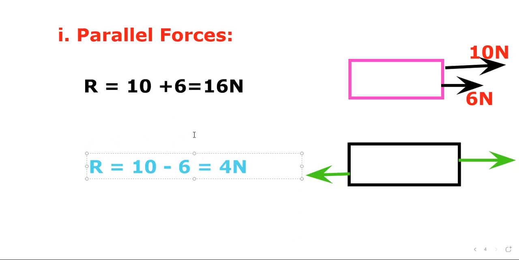When we have parallel or anti-parallel forces, we will just use the algebraic method, like we do in algebra. Simply add them or subtract them. Addition occurs when forces are parallel, and subtraction in case of anti-parallel.